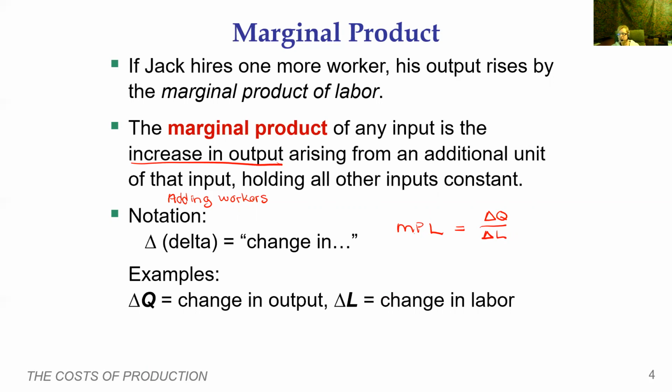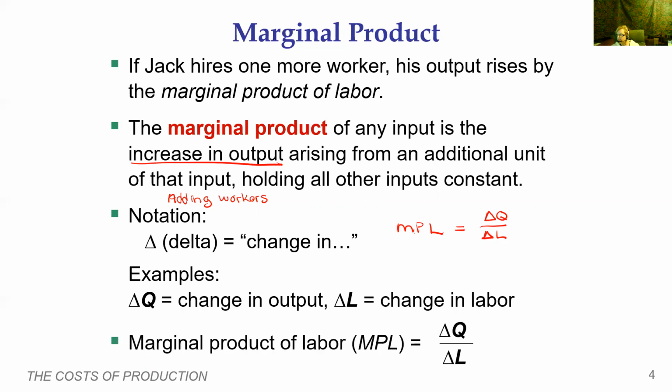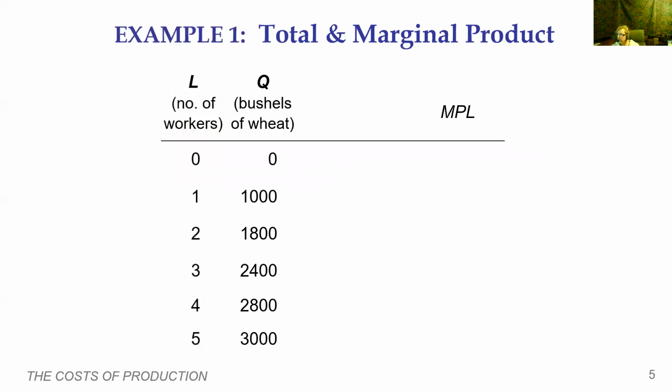And again, it helps us make some of those decisions that we talked about in Objective 1. Okay, so here's an example. This is just the graph that we had a moment ago, and we're going to do the same thing, knowing that MPL equals the change in quantity divided by the change in labor.